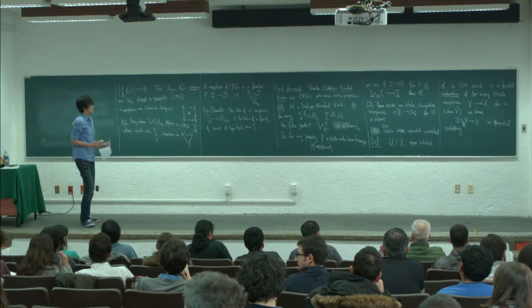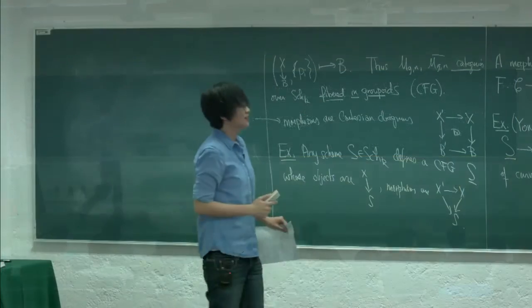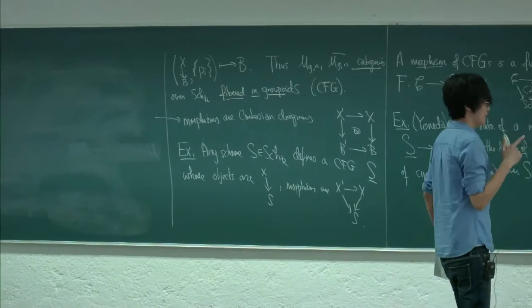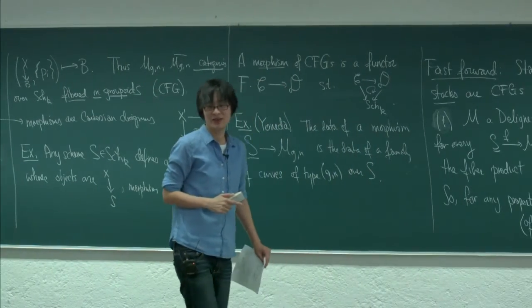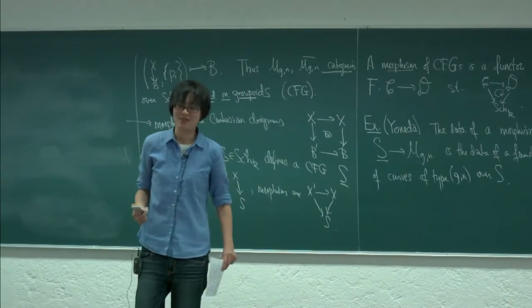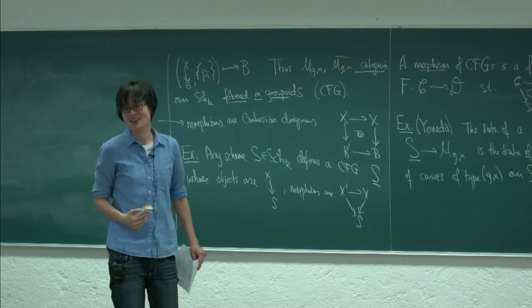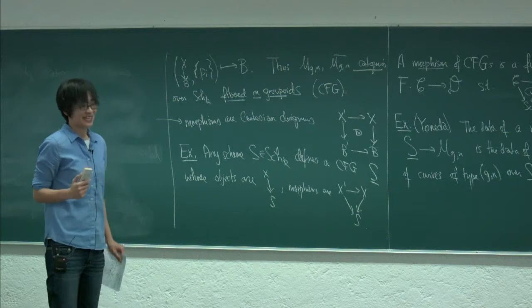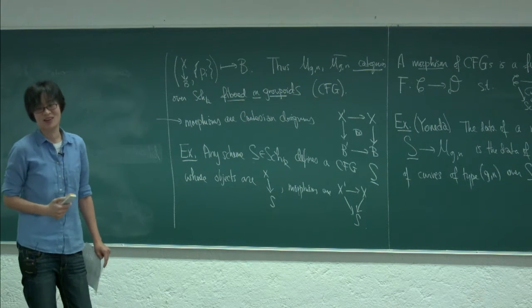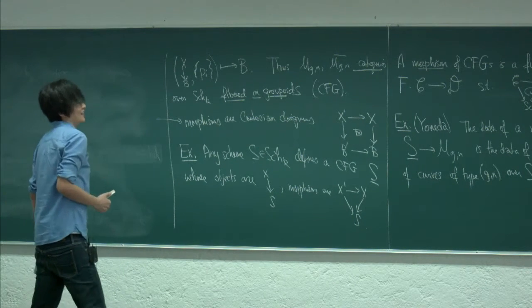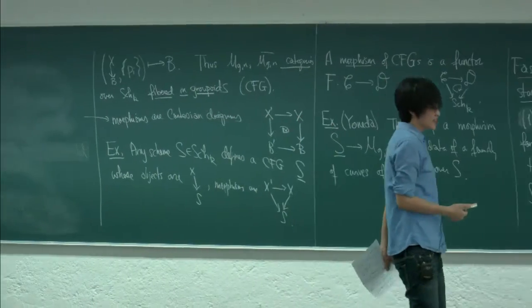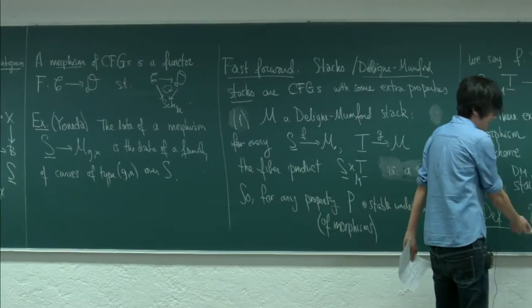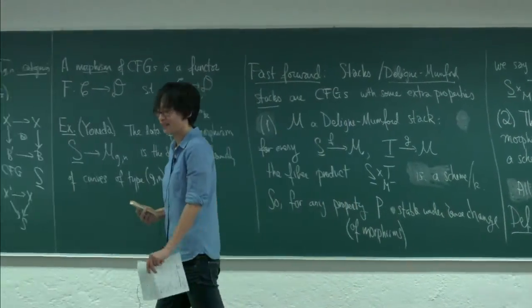Now I will define the boundary complex for you. Actually, I don't really have to do it. I'll just write out the same definition as from yesterday, and then we'll discuss at length the key example, which is MGN bar, a Deligne-Mumford stack which admits MGN as a toroidal open substack.